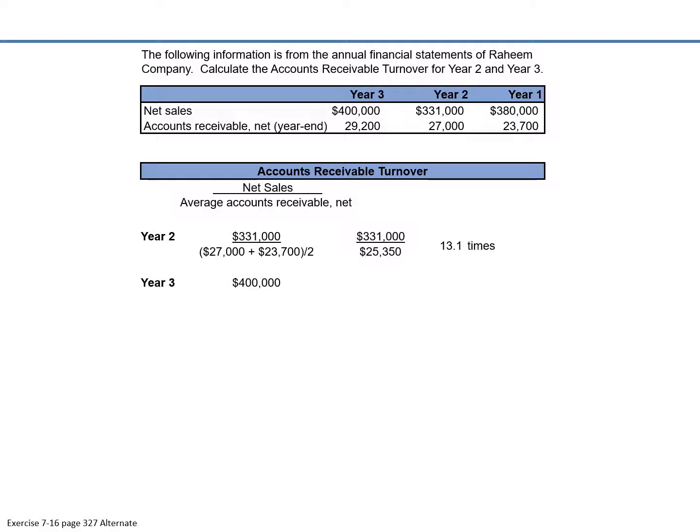Then in year 3, 400,000 divided by 29,000 plus 27,000 divided by 2, so 400,000 divided by 28,100 is 14.2 times.